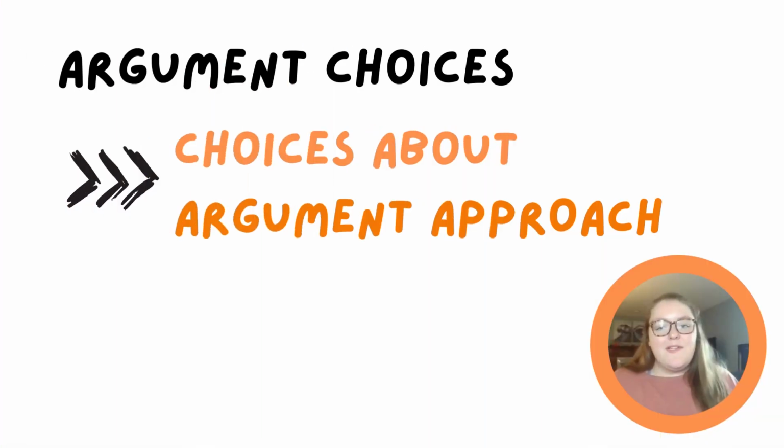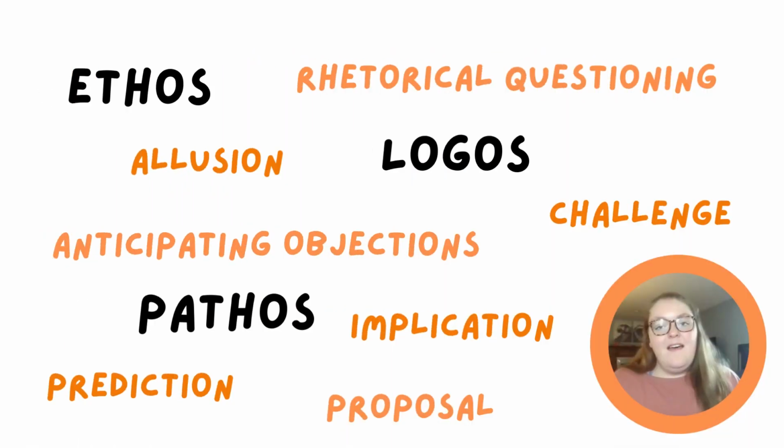And as I mentioned, the first category we're going to talk about is choices about argument, or choices about how an argument is being approached. Of the 3 subcategories of rhetorical choices, the argument category is probably the broadest, but we're going to talk specifically about appeals, ethos, pathos, and logos.